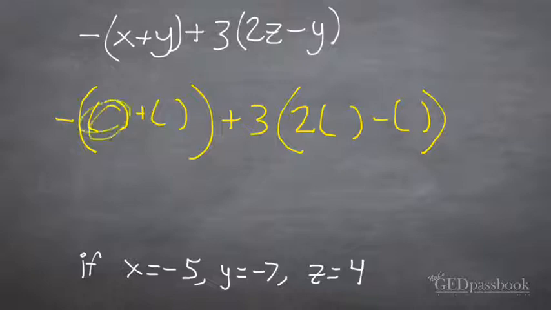What should go in here? -5. What should go in here? -7. What should go in here? 4, because it's a z and z is 4. What should go in here? -7.